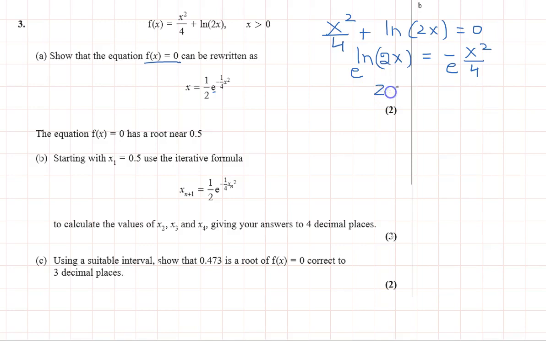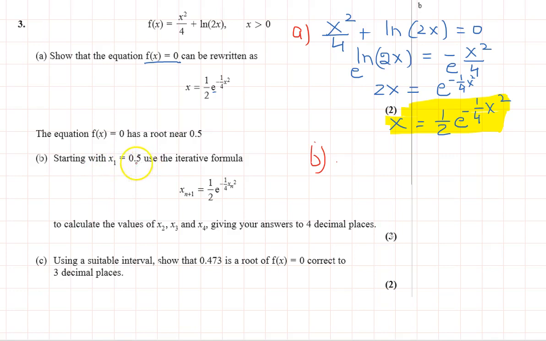So 2x will be e to the power minus 1 over 4 x squared. So x will be 1 over 2 e to the power minus 1 over 4 x squared.